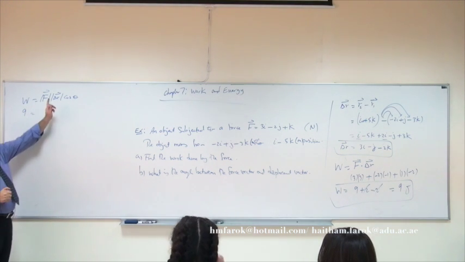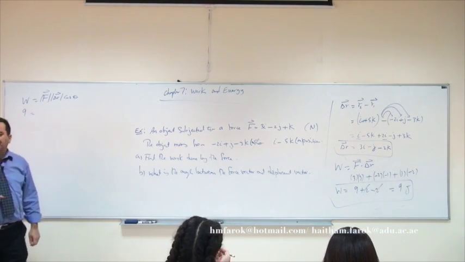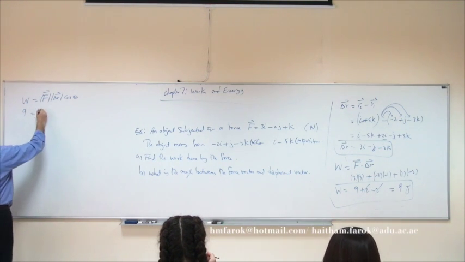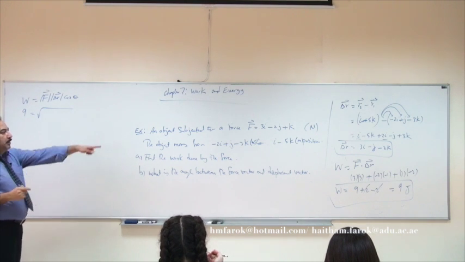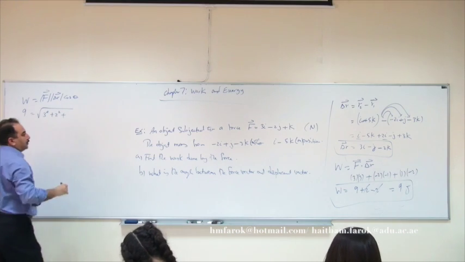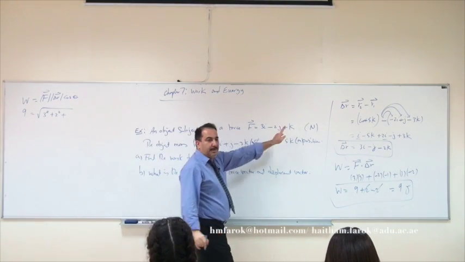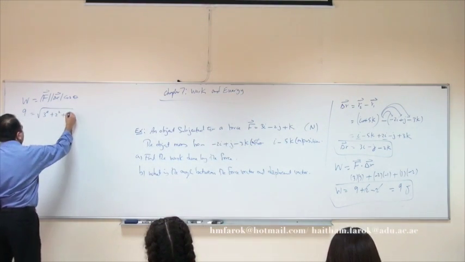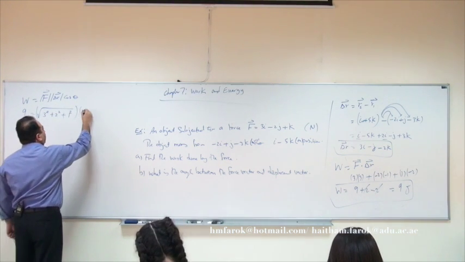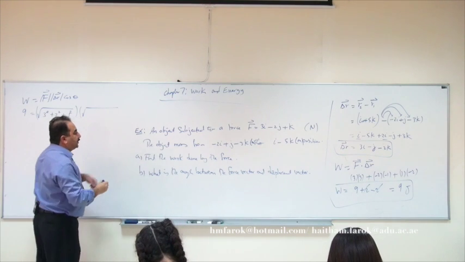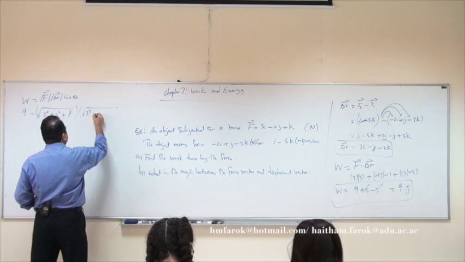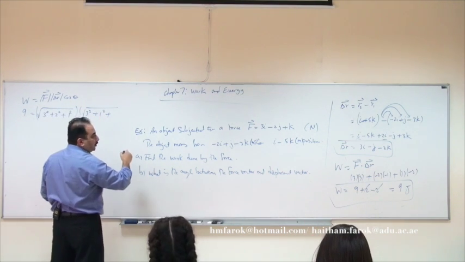So what is left now? The force magnitude. Force is a vector. How do you find the magnitude of the vector? Square root of the values. 3 square plus 2 square plus 1 square, yeah? This is F. Now delta R. 3 square, I need someone to calculate all that for me, minus 1 square plus 2 square.